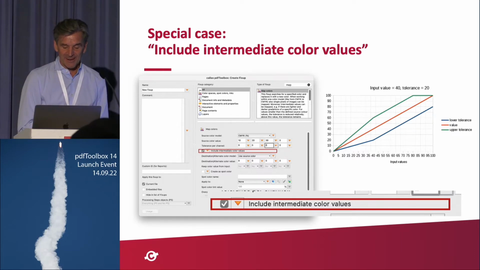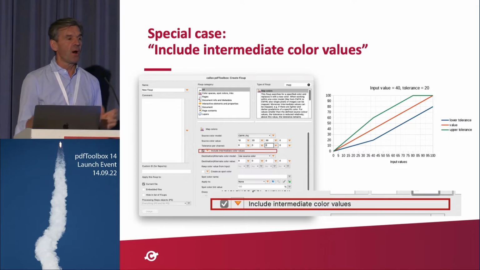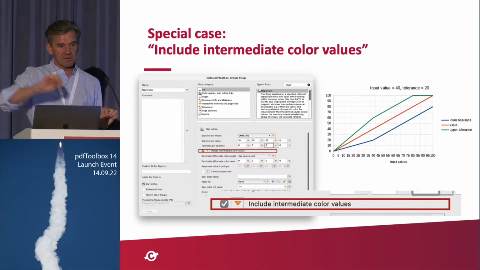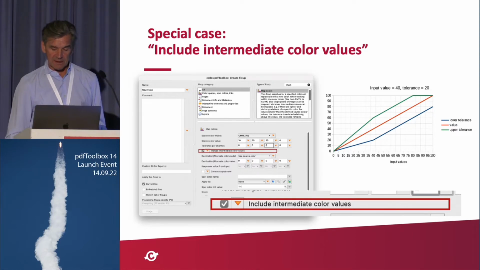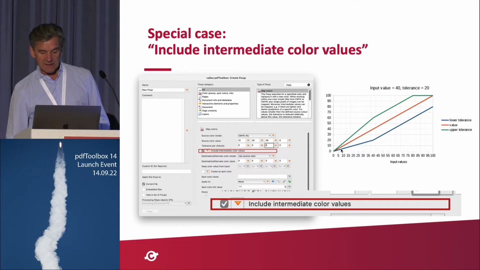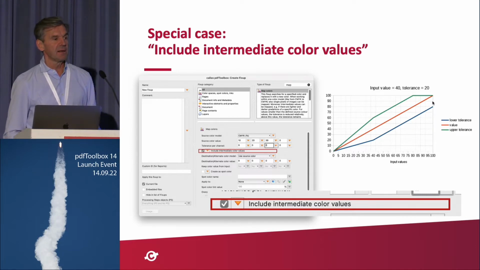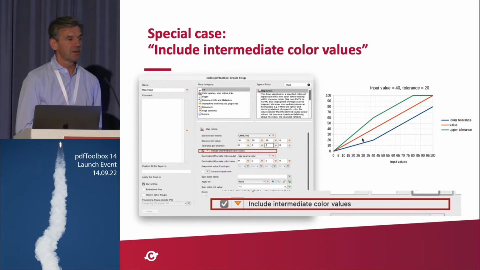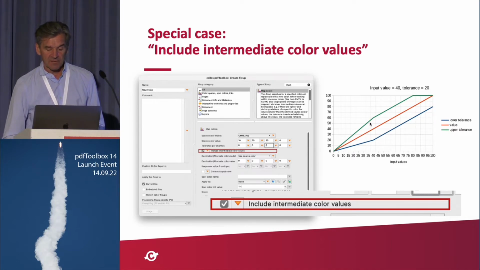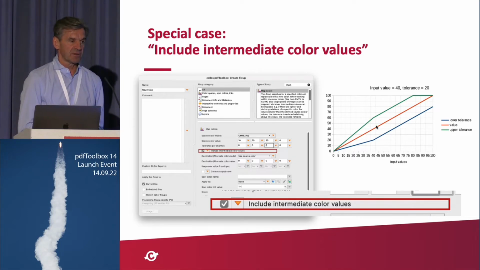But if you now have a tolerance and your line, indicated here with the red line in the middle, everything on that red line would be converted. Then it's not fully clear what that means for the tolerance.